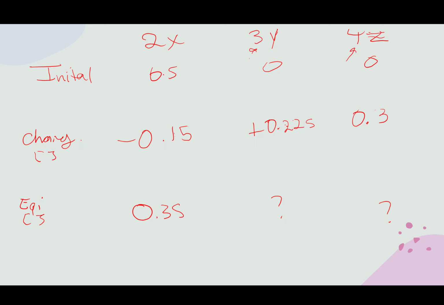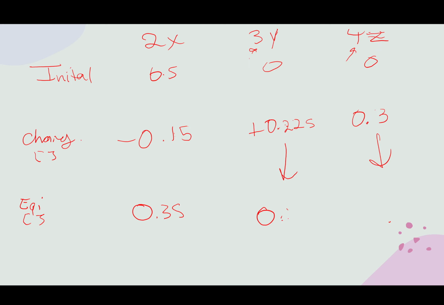And if that is a change, if they change by that from 0, their equilibrium concentrations will generally be the same. So these will just come down. I don't know why it's changing the screen all the time. But this is what's happening here, so we end up with these equilibrium amounts.